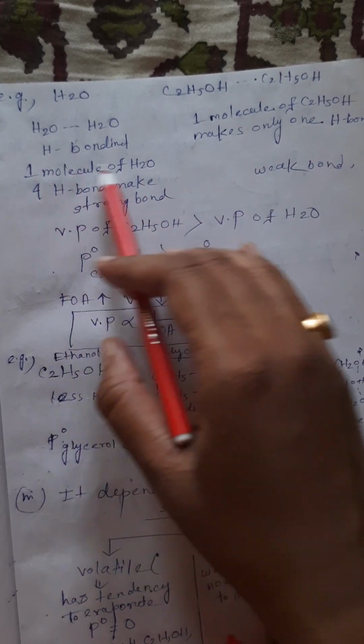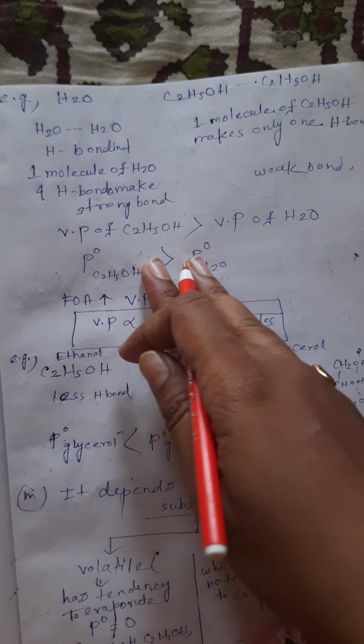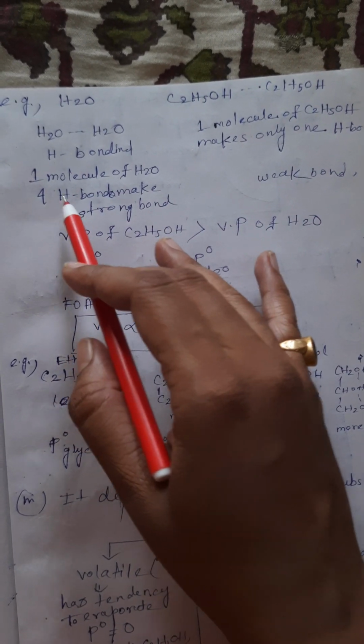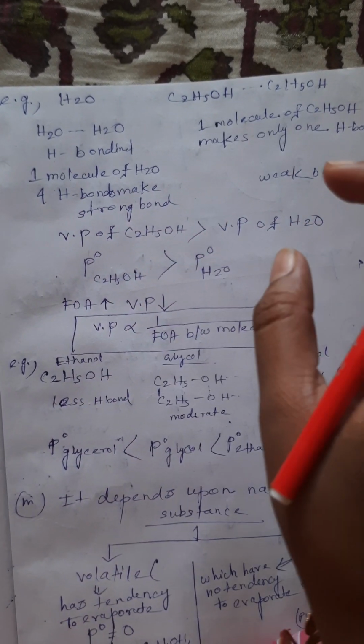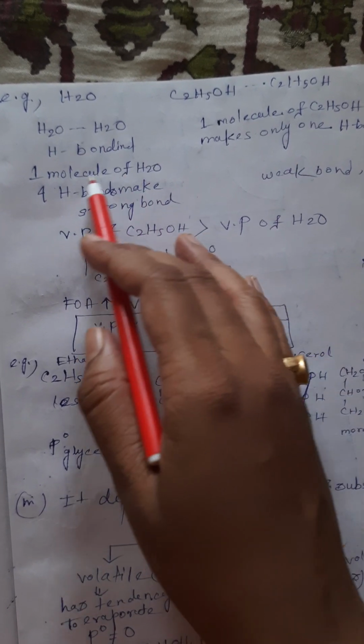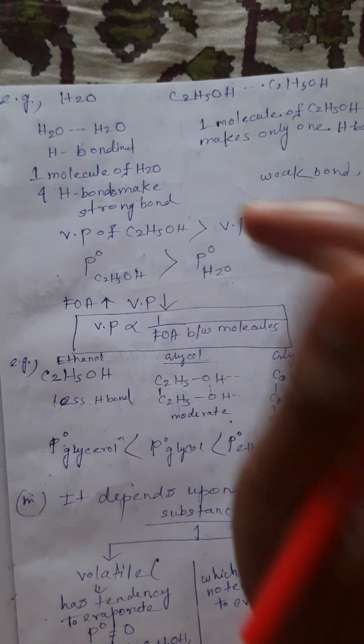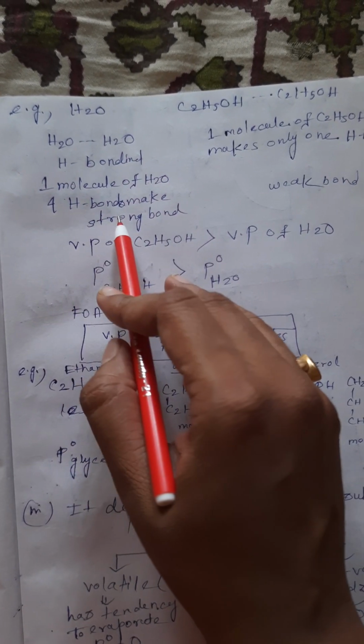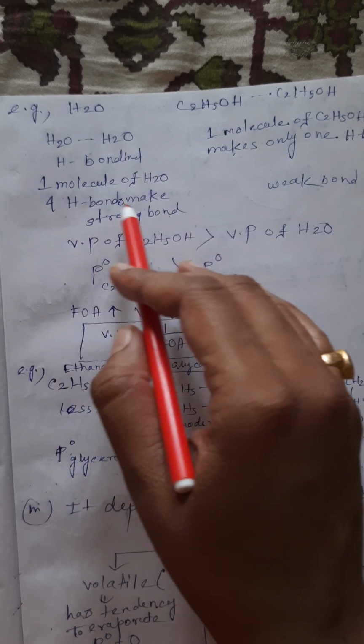In case of water, we have already read in class 11 about hydrogen bonding. In case of two molecules of water, 4 hydrogen bonds are formed.